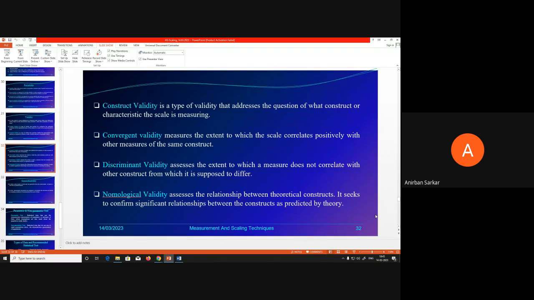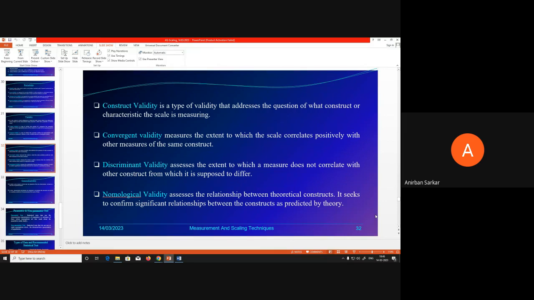Convergent validity measures the extent to which the scale correlates positively with other measures of the same construct. For example, suppose you are trying to measure self-concept, and you have designed a scale to measure the self-concept not only of you, but of your friends as well.